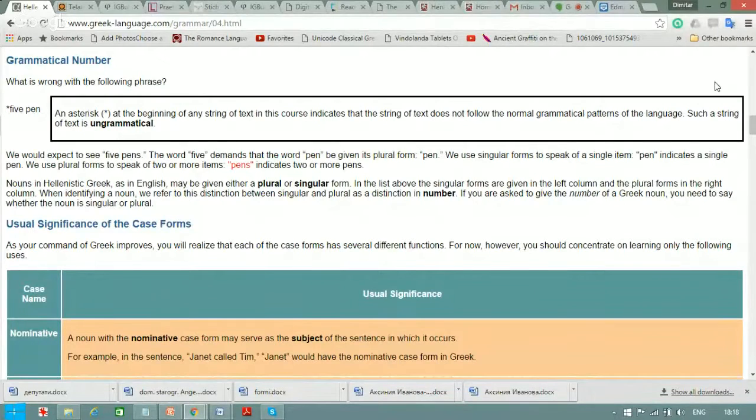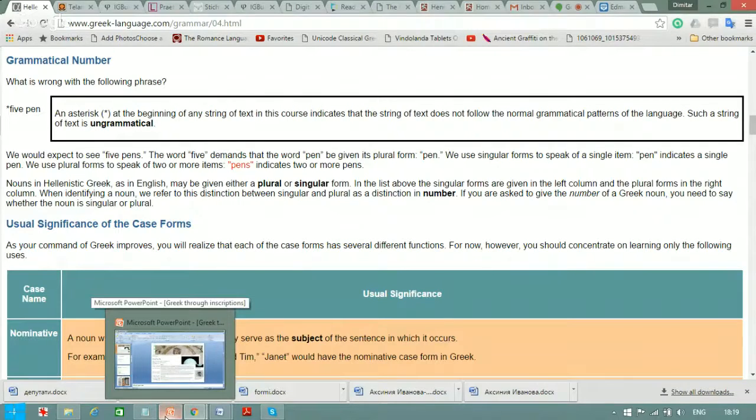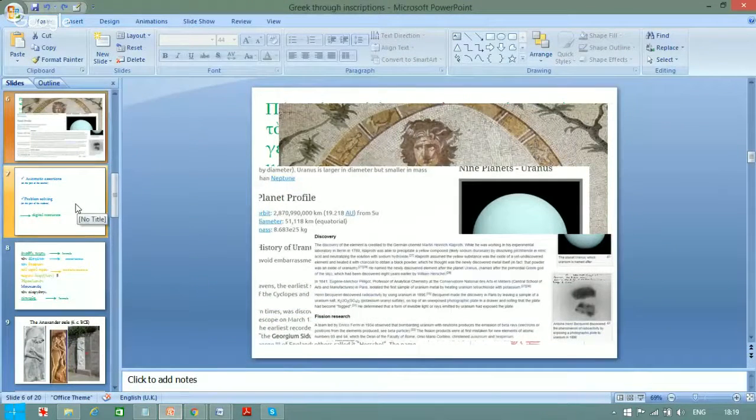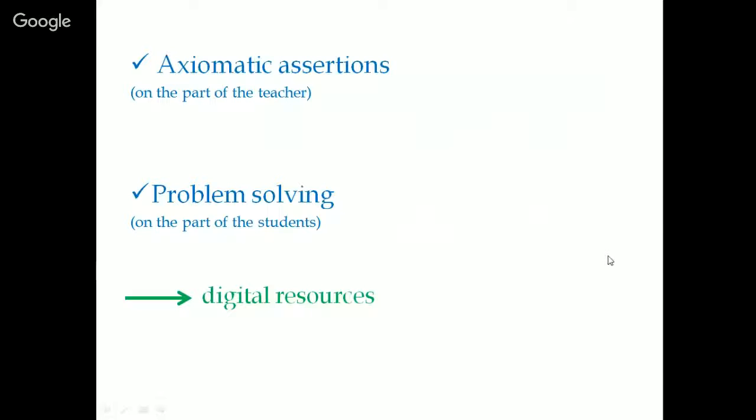So from this level on, we are able to build some very basic syntactic and morphological competence in the students, and then we proceed from simpler texts to more complex ones. Apart from them having all the grammatical material in the form of links and tables, the approach is always problem solving.